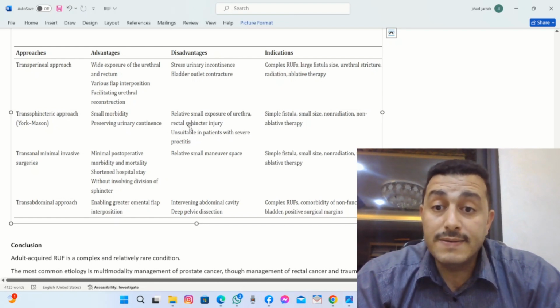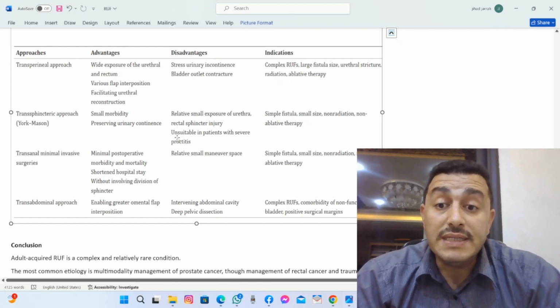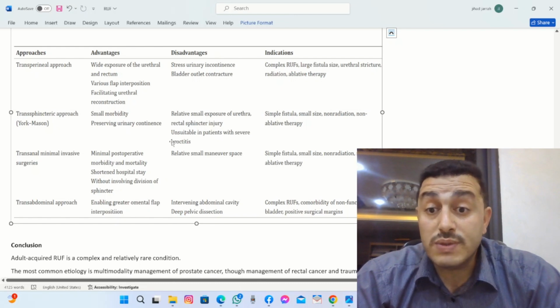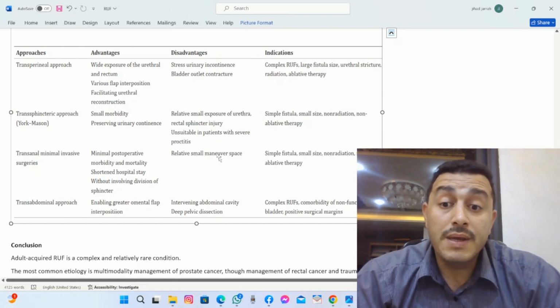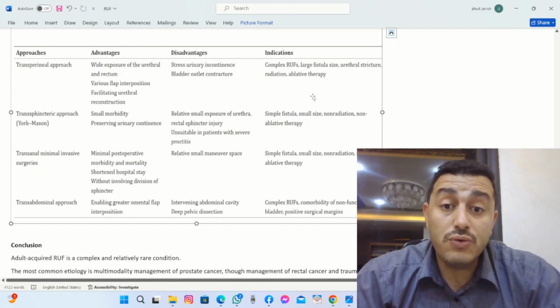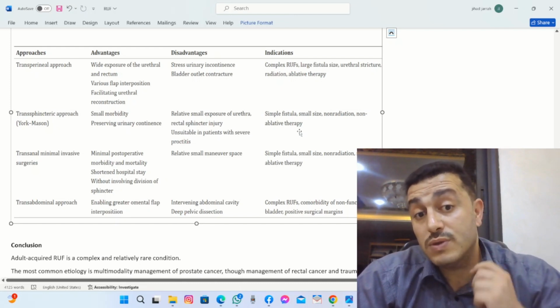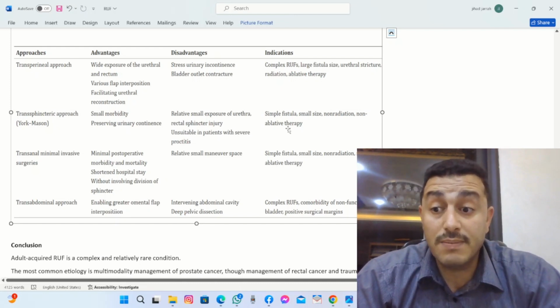We said that we need to cut the sphincter of the rectum. Not suitable for patients with severe proctitis. Relatively small maneuver space, small space where we work. Also, the York Mason is for small fistula, small size, non-radiated, non-ablated.